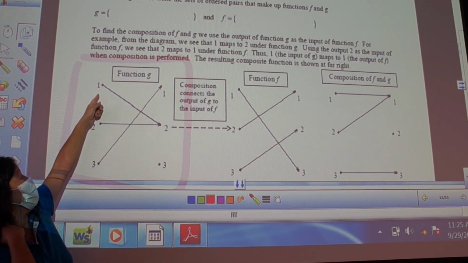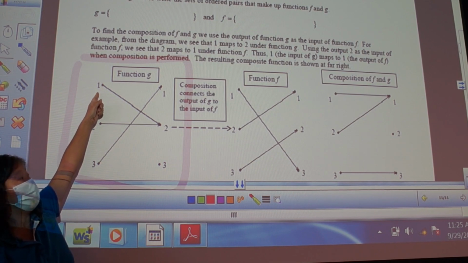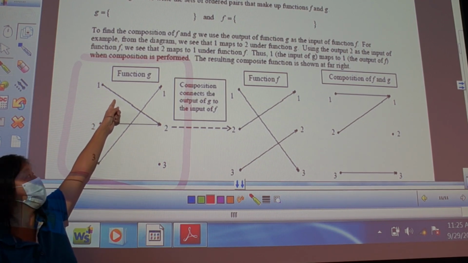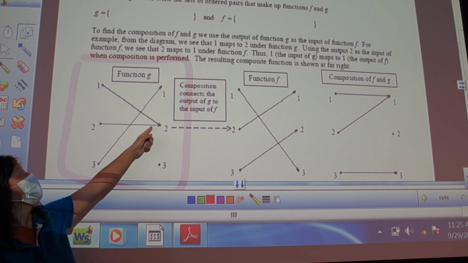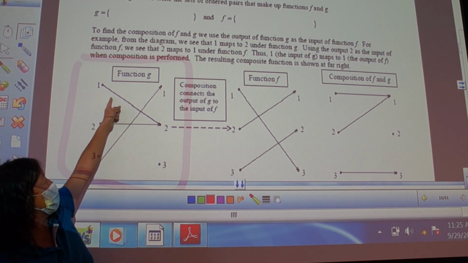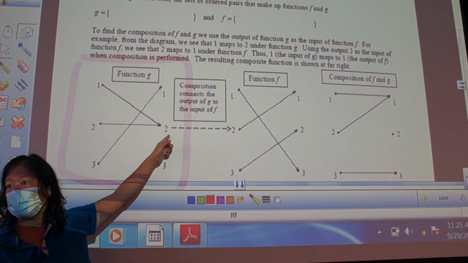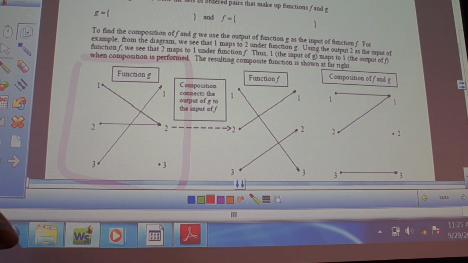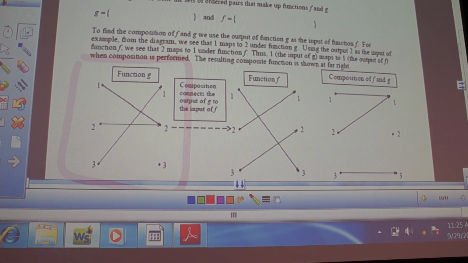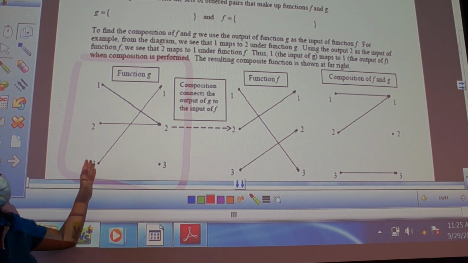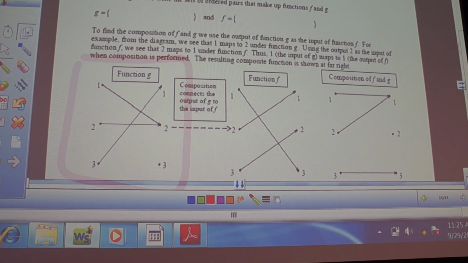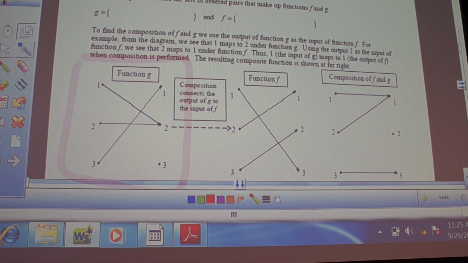So an x of 1 has an output of what? 2. So that would be the point 1, comma 2. Everybody follow me? Okay, so find the other two, 2 comma what and 3 comma what for function G. Write them in right here.